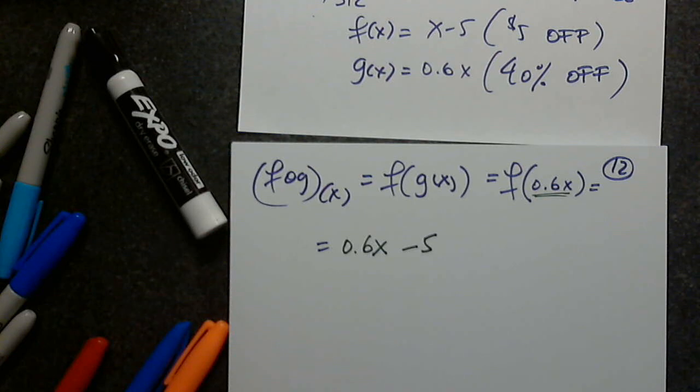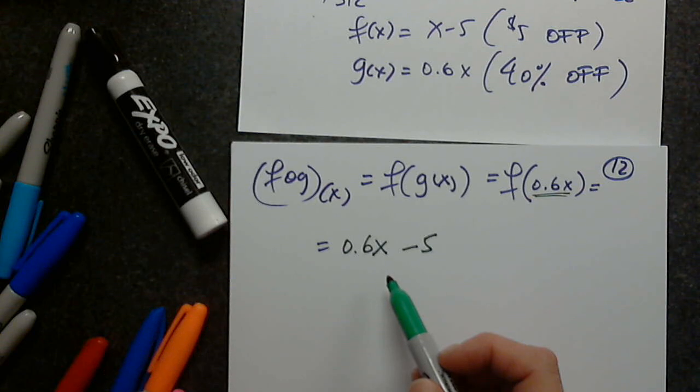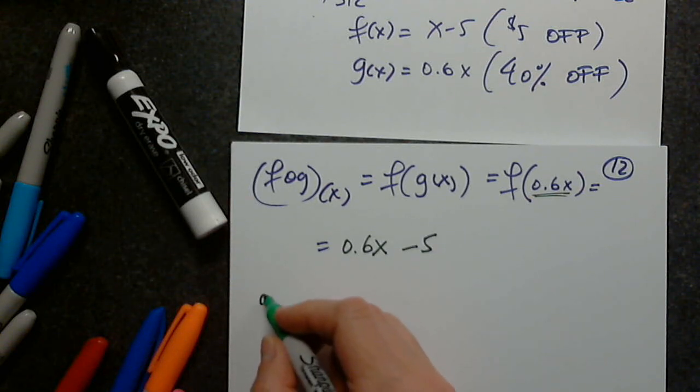Can anyone explain now what this represents? 40% off and an additional $5. Exactly. 40% discount, and before we pay, they take off another $5. 40% discount, then at the end, also minus 5. Is that clear? Yes? Good. And what about g comp f?